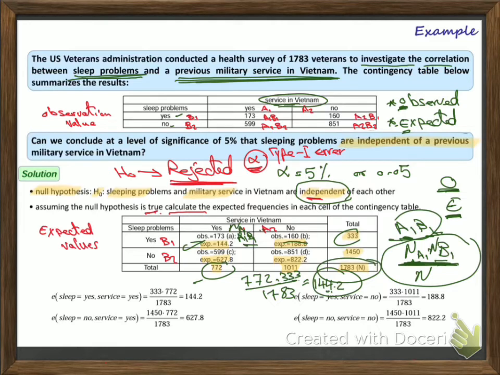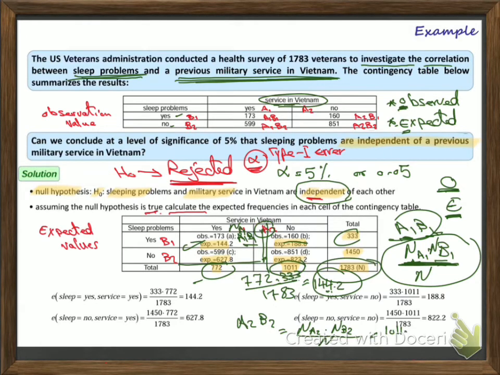Let us take cell, for example, A2, B2, this cell. Here A2, and here B2, okay? So A2, B2 equals N of A2 times N of B2, divided by the total number N. So what is N of A2? The number of A2 is here, 1011.